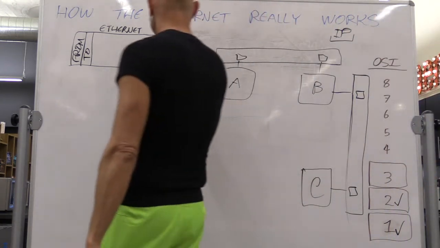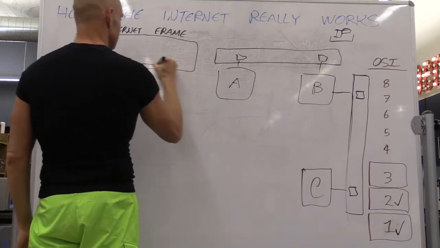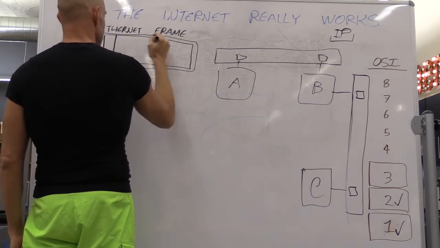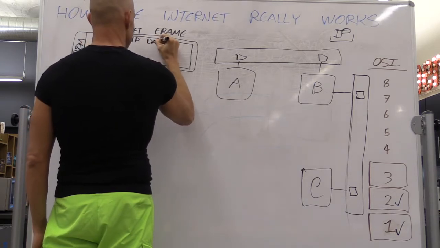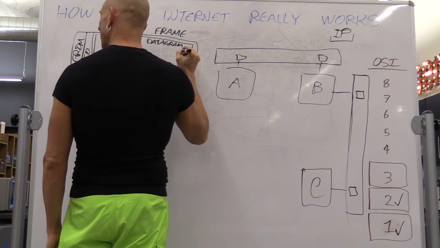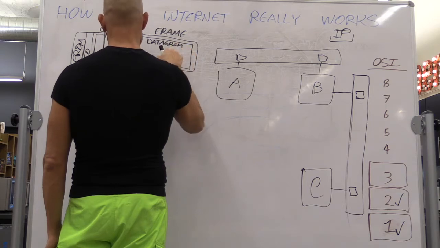So what happens is, within the Ethernet frame, we encapsulate something called an IP datagram. An IP packet. This is a packet.